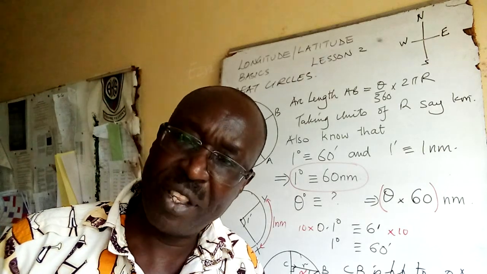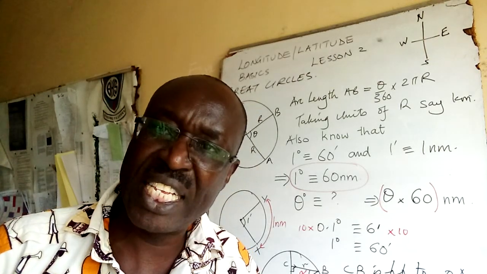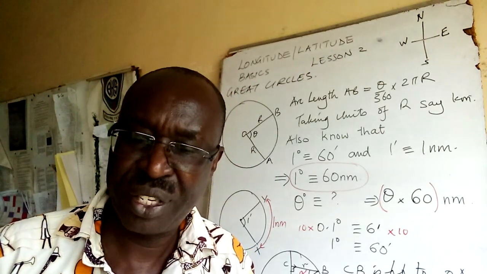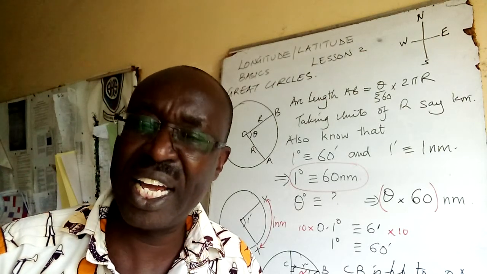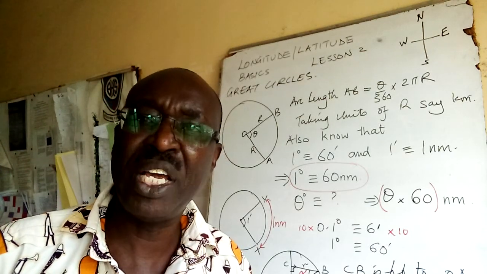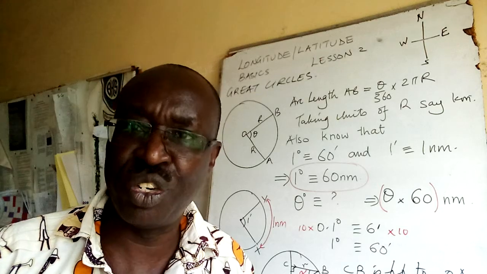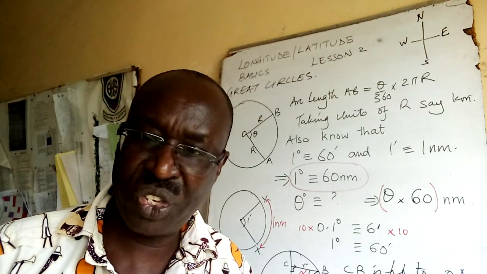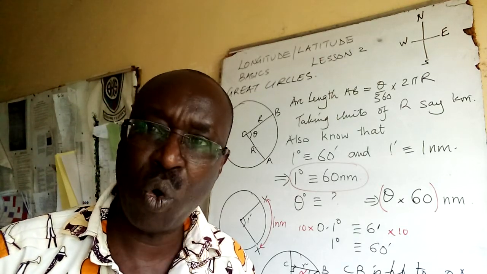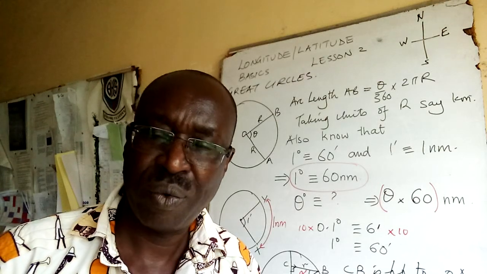What about if the angle at the center is 100 degrees? The arc length will be 100 times 60 nautical miles. This is true for only great circle.